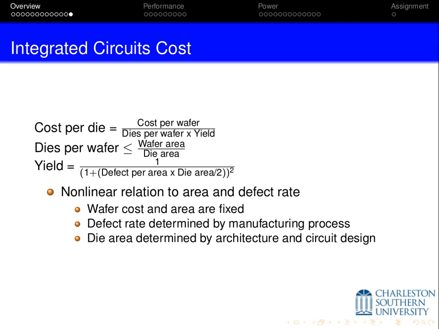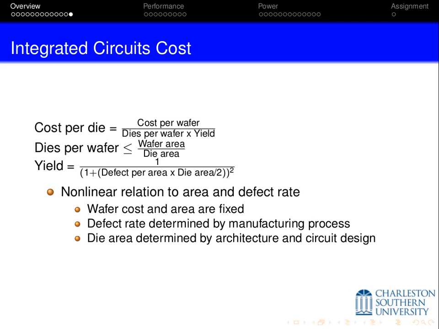Oh boy, this is where everyone goes crazy. Anyone know this formula? So, what's defect per area?